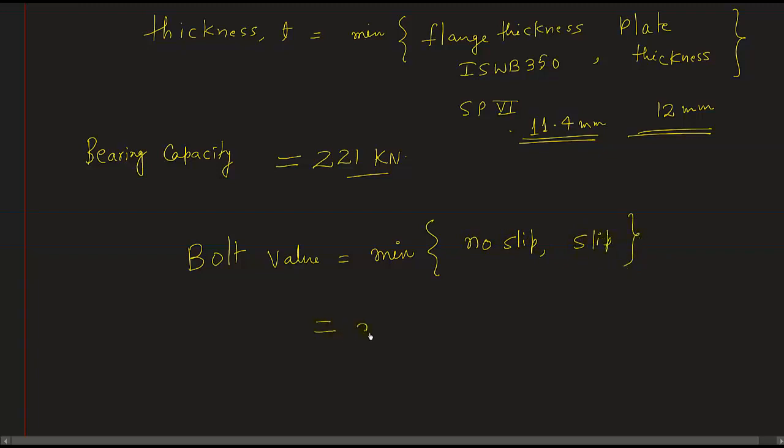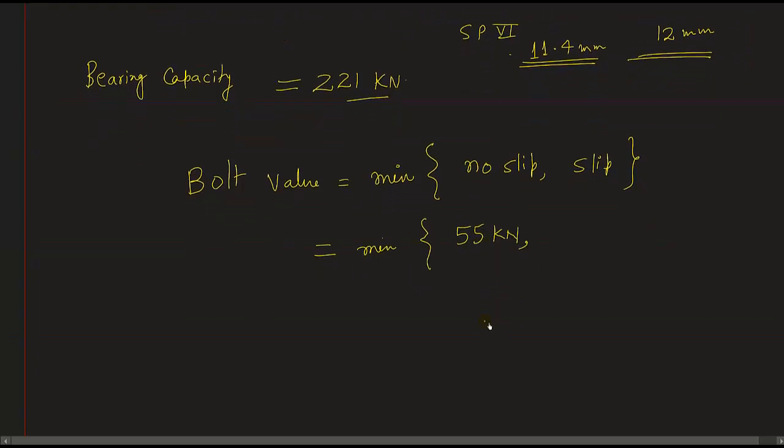So if you remember, in case of no slip condition we calculated that this bolt, which becomes a friction bolt, can take an amount of 55 kilonewton that we have earlier found. And then under slip condition we found there are two cases. One is shear case. In that case it can take 9.54 kilonewton.